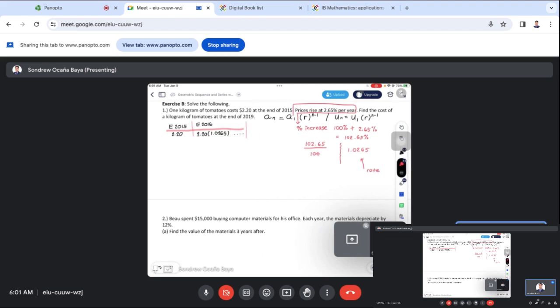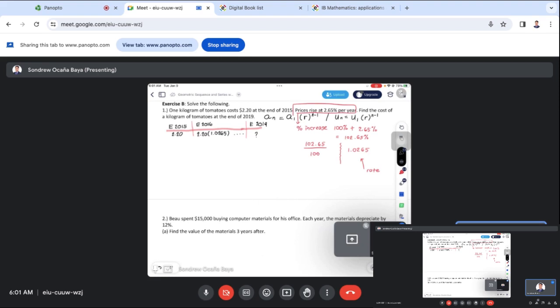Take note that what we are looking for here is end of 2019. So what is the price or the cost at the end of 2019? Since both of them are end, it's not really that confusing to work on. All right. So let's continue.